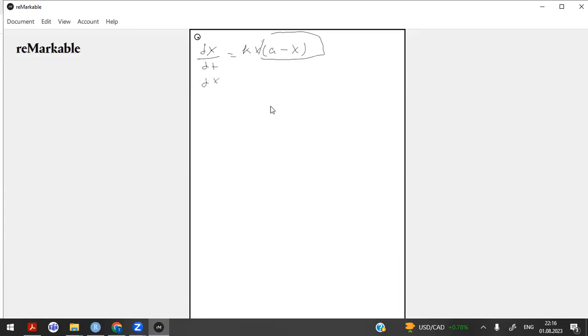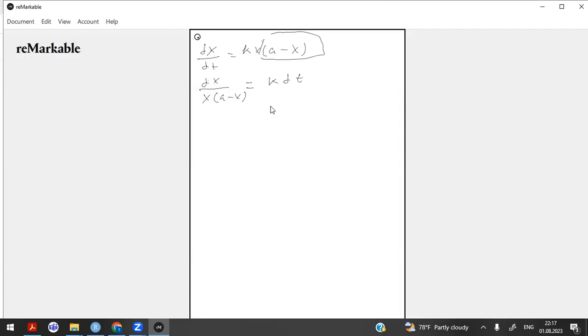We can rewrite this equation in this form: we move x(a - x) to the other side, dividing by x(a - x), and here we will have k dt.